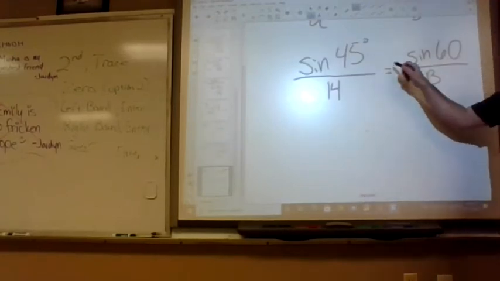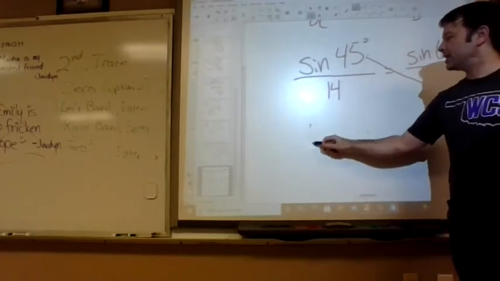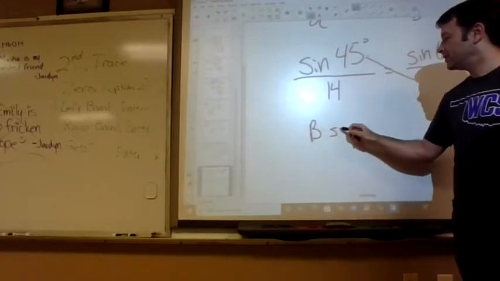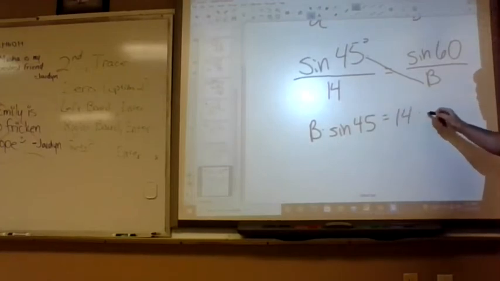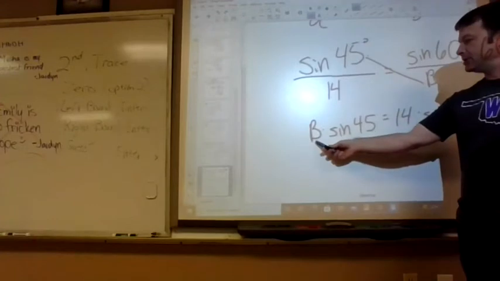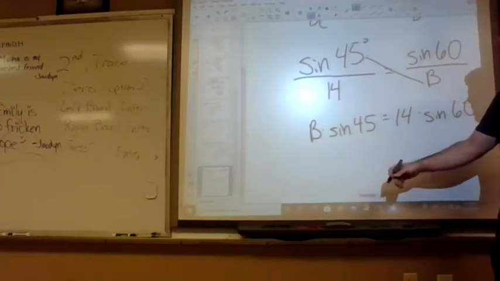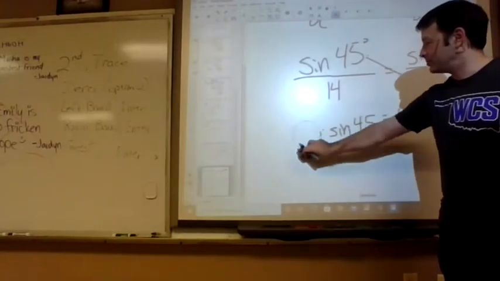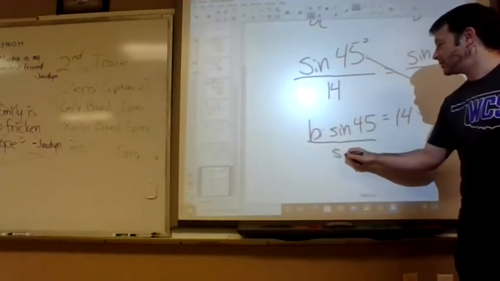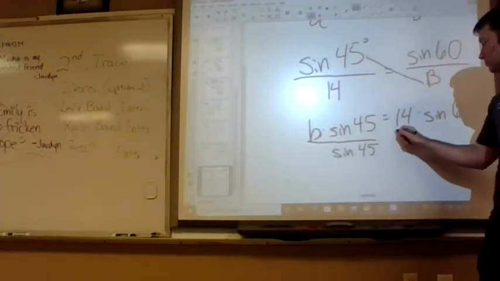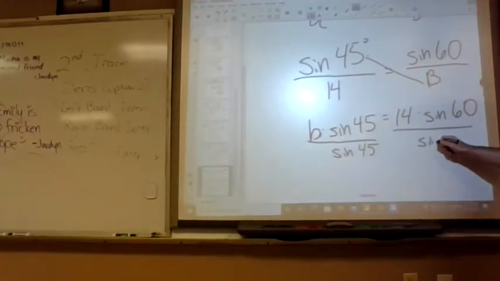Cross multiply. So B times sine of 45 equals 14 times sine of 60. And then how do I solve this for B? Divide by sine of 45. I should have used a small b, not a big B. And what do you get?